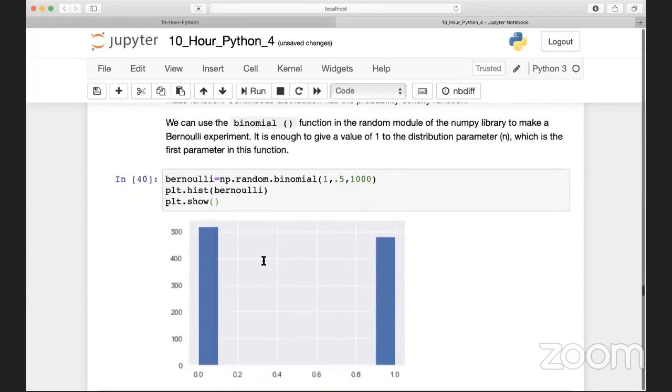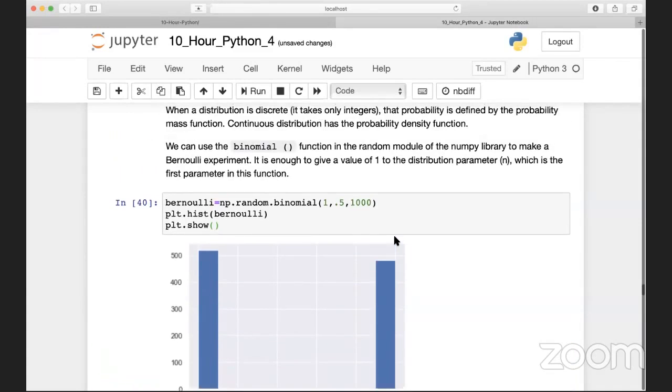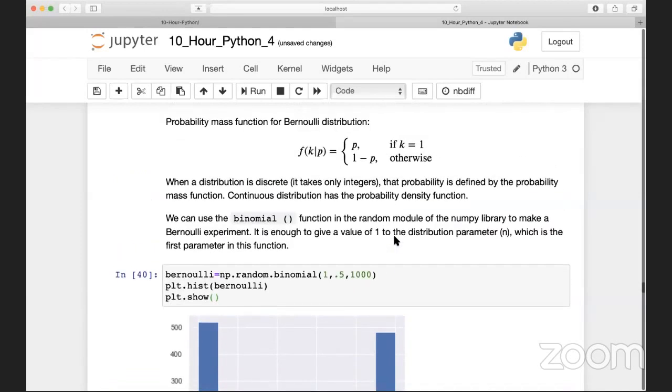We have two outcomes. It's either 0 or 1, as you see here. 0 dominates 1 in this case. Not dominates, but we have a larger number of observations in 0 compared to 1. So this is the Bernoulli distribution in a nutshell. Let me repeat it.